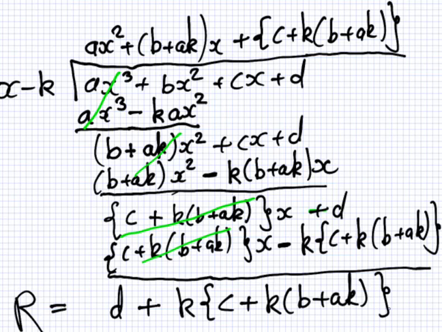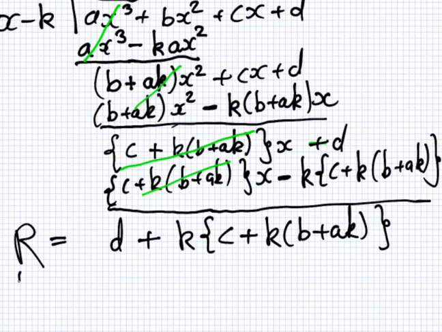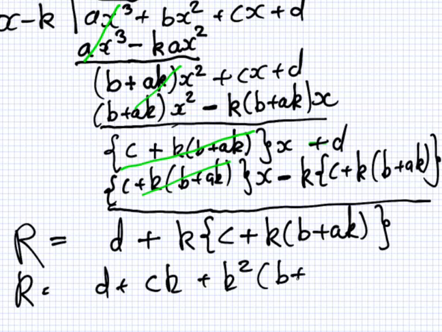So I know it's getting very big, but the good news is we're nearly finished. There's only one thing left, and that's this big thing here. So now we multiply.